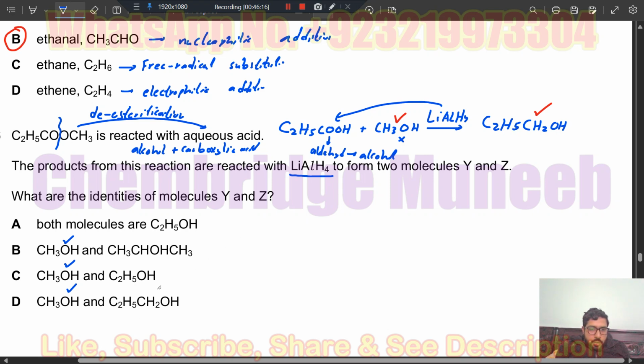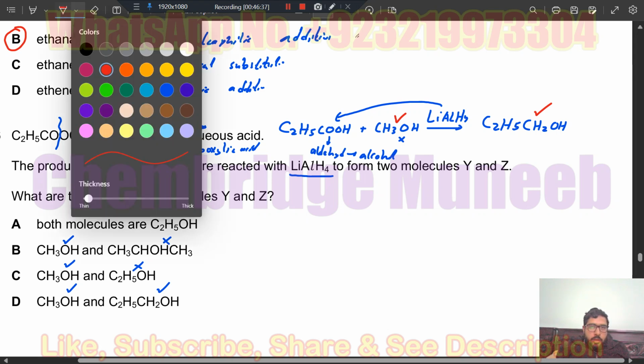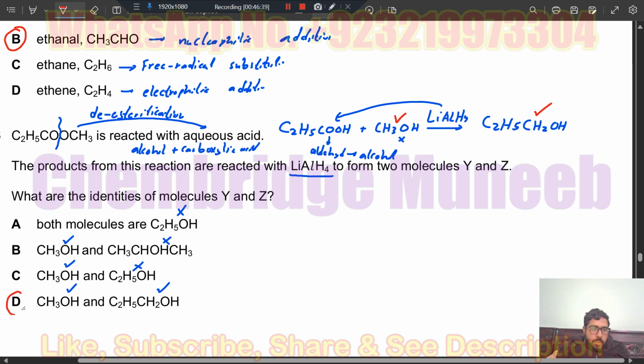So the propanol is present here and it is also present over here. There is no other position where this propanol is present. So it is not ethanol, and it is neither the secondary alcohol. So the only right option is the D option, because it has both the parts, the propanol and the methanol.